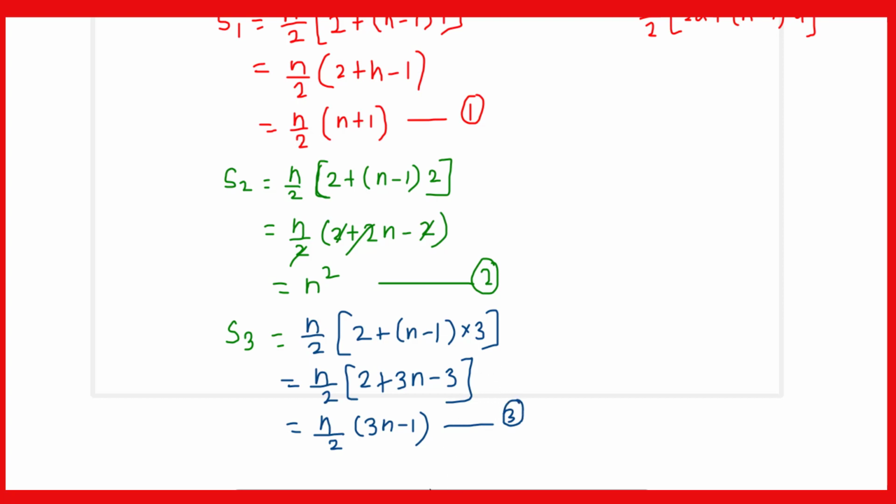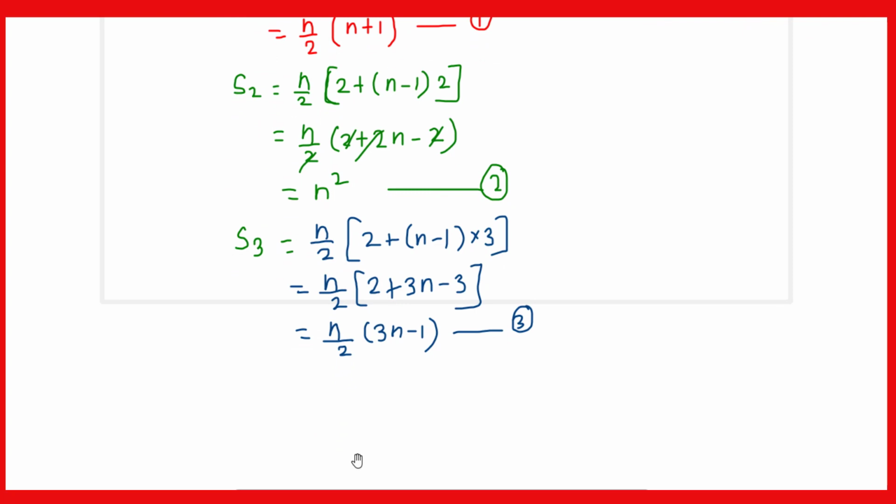Now friends, we will find S1 plus S3. So S1 plus S3 is equal to, S1 is n by 2 into bracket n plus 1, plus S3, which is n by 2 into bracket 3n minus 1, close the bracket.